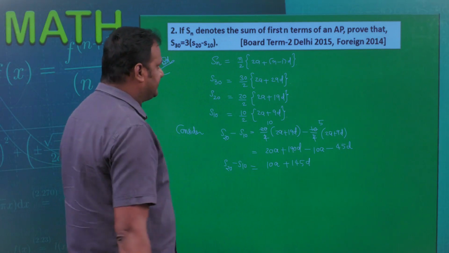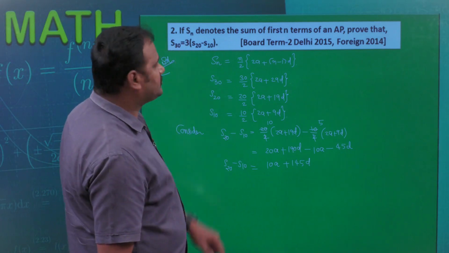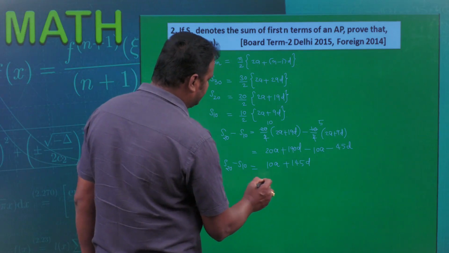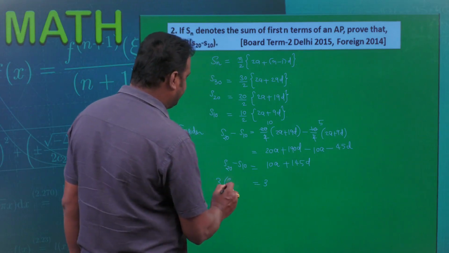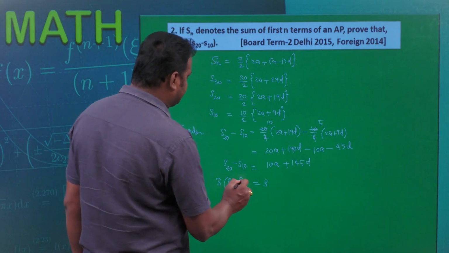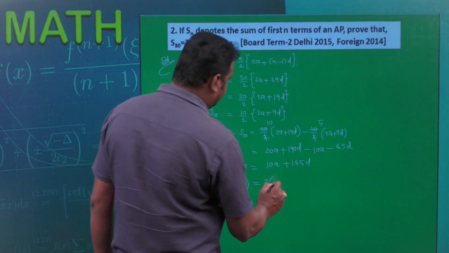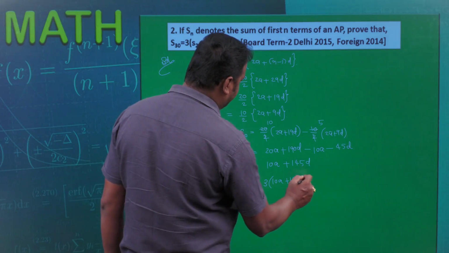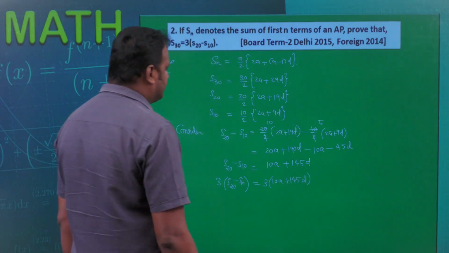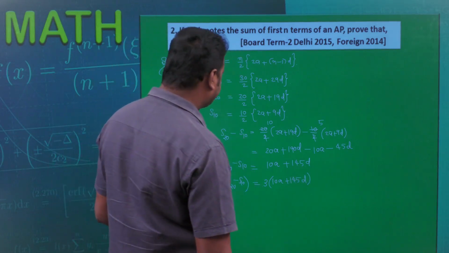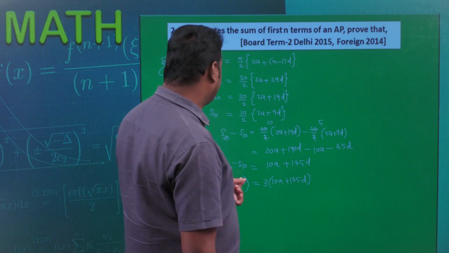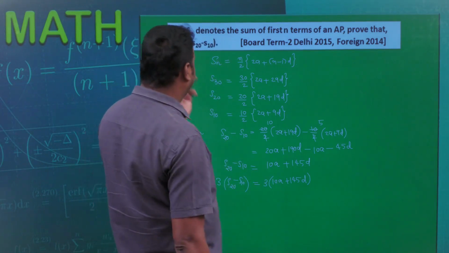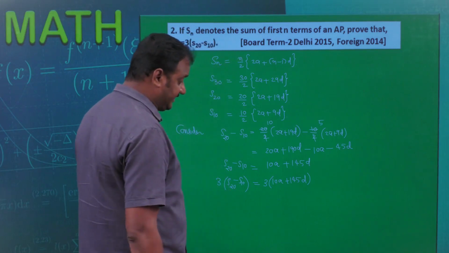But what we want here is 3 times (S20 minus S10), which is equal to 3 times (10a plus 145d). Can I take 3 common here? Otherwise, we'll simplify and then see whether it is equal to S30 or not.